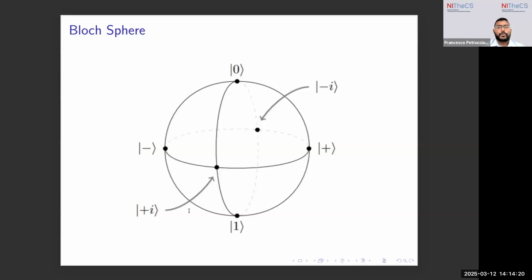These states of our qubits can be nicely represented on the Bloch sphere. So on our z-axis, we have our z basis 0 and 1, which is also sometimes called the computational basis. And on our x-axis, we have the minus plus basis.